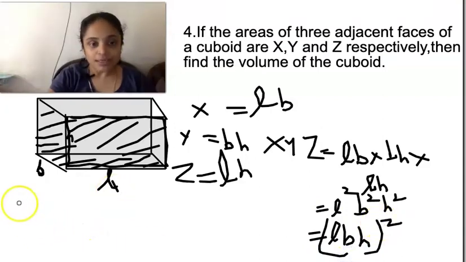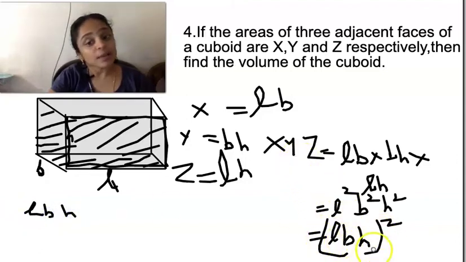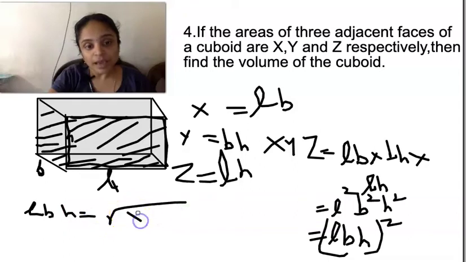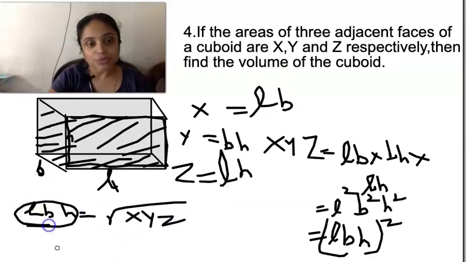Volume of a cuboid is LBH. So we got XYZ equal to LBH the whole square. So what is LBH? LBH equal to root of XYZ. That is, volume of the cuboid LBH equal to root of XYZ. That is, root of product of the areas of three adjacent faces is the volume of this cuboid.